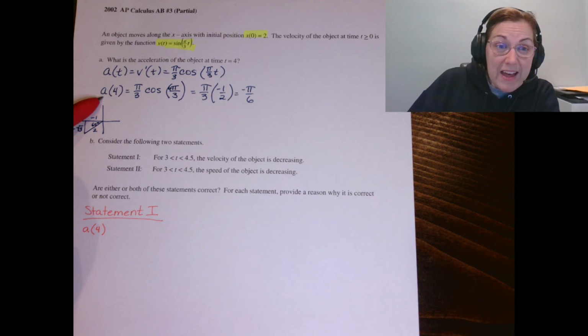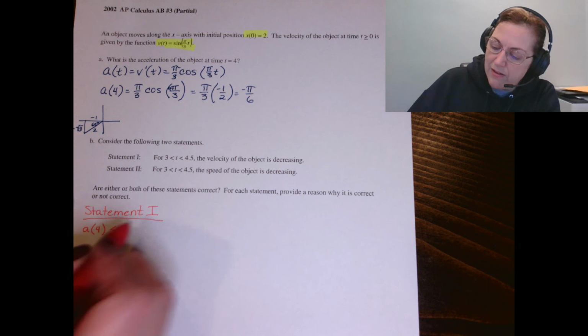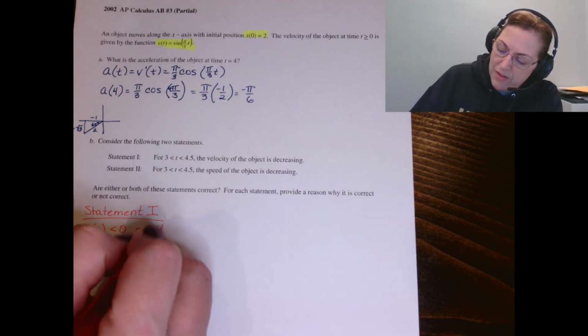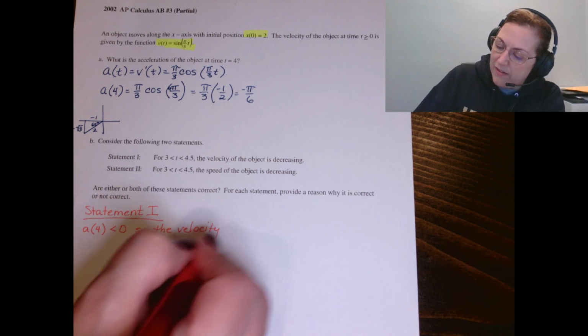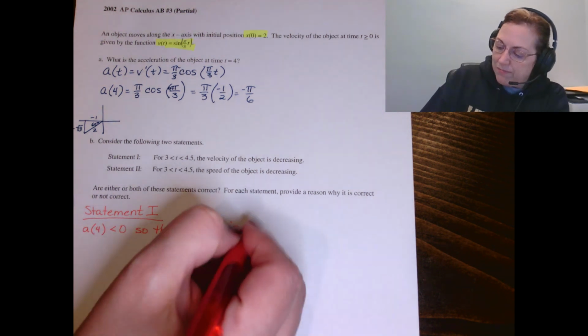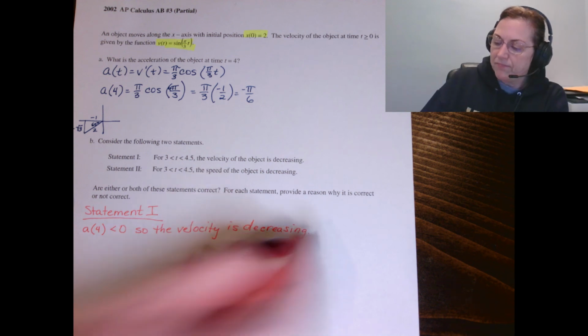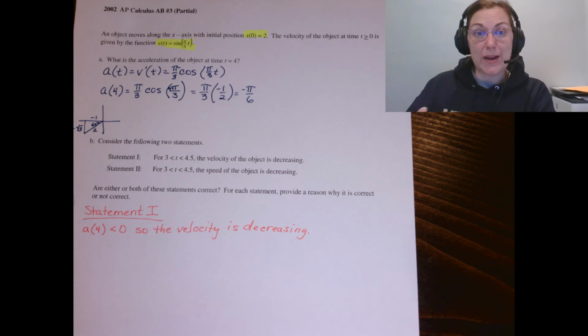Because we just found the value of the acceleration at 4. So I know that it is negative. So the velocity is decreasing. Pretty simple if I use the values that I've done already before.